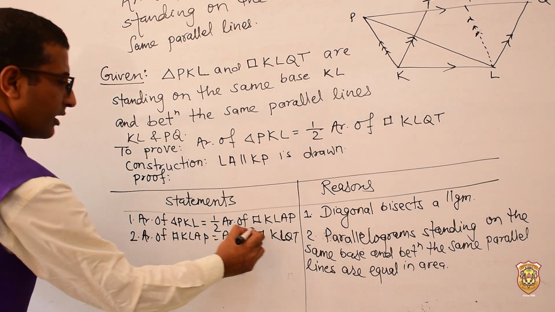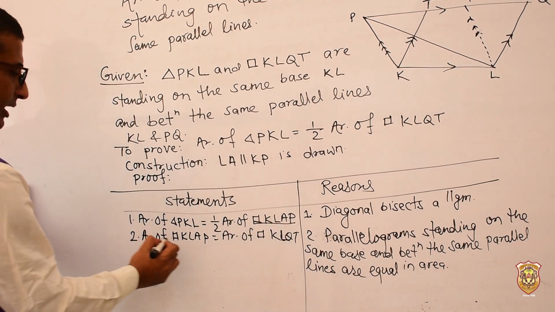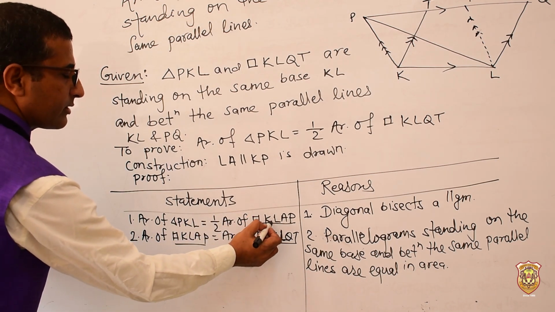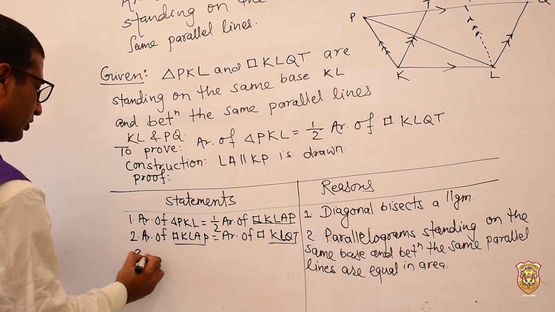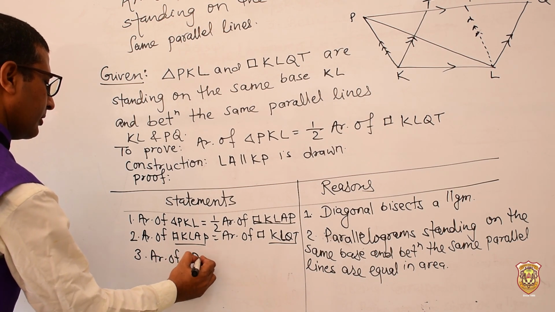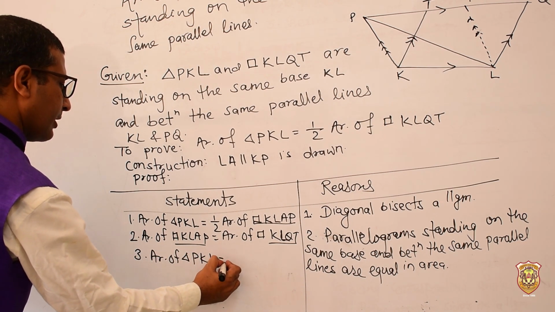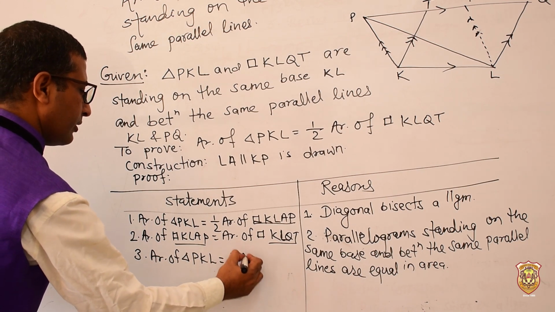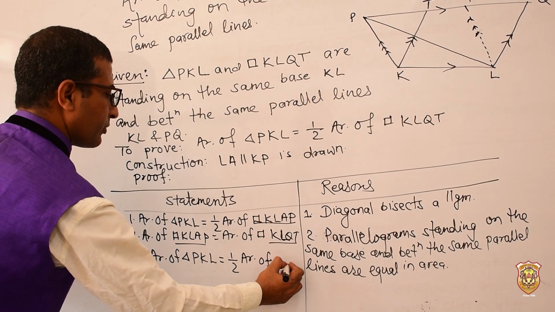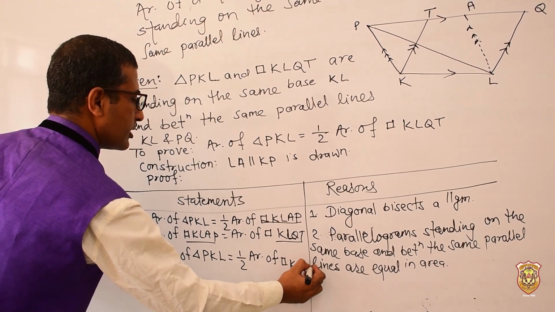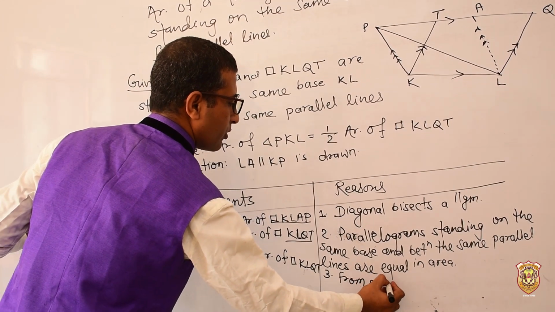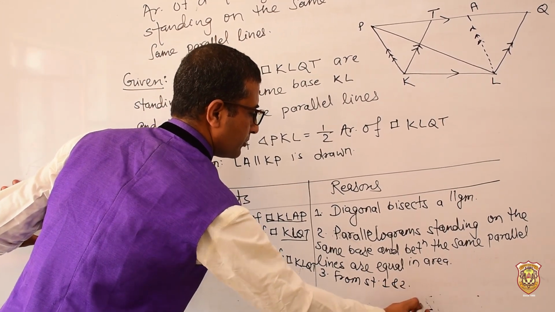Now KLAP is equal to KLQT, so we can replace KLAP with KLQT. Therefore, area of triangle PKL equals half the area of parallelogram KLQT, from statements 1 and 2.